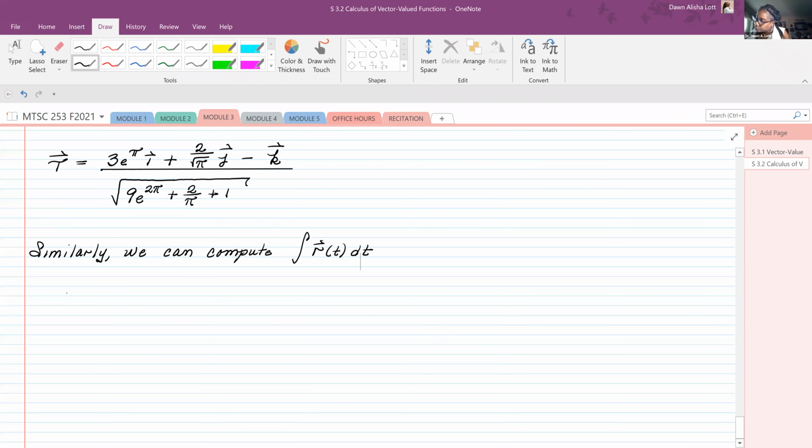So the integral of r of t dt is the integral of f of t i plus g of t j plus h of t k dt.